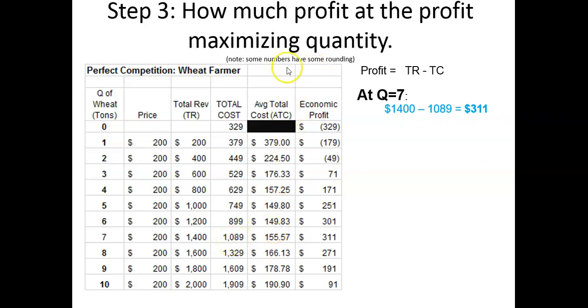Now, please note there's a little bit of rounding in some of these numbers, so it's going to be off by a little, like a buck or two, if you actually do it offline or in Excel, if you don't round. But $311. Total revenue minus total cost, economic profit, $311.